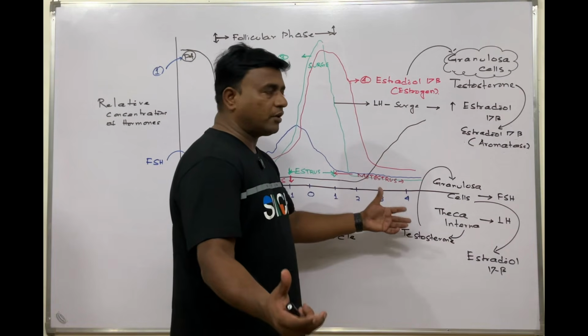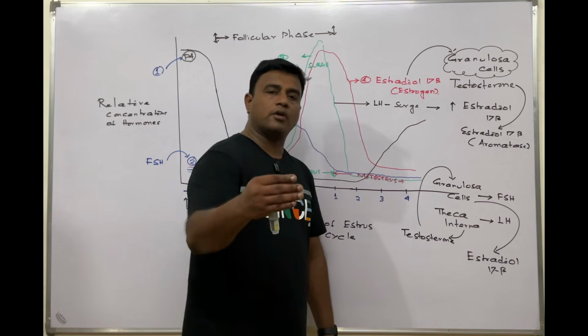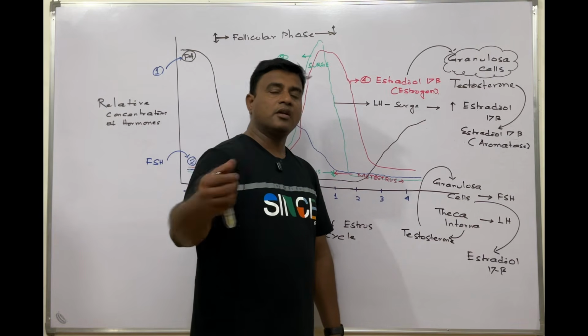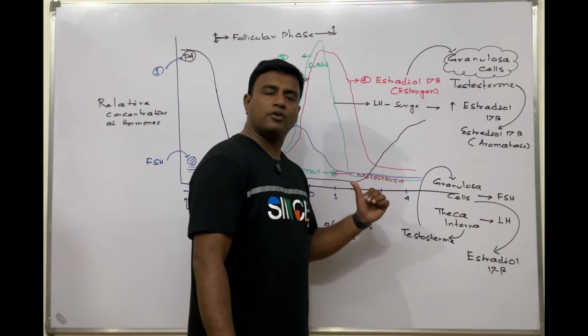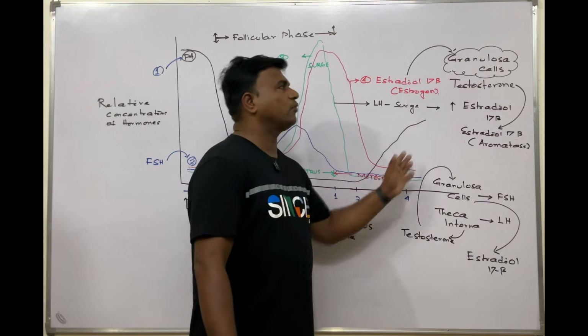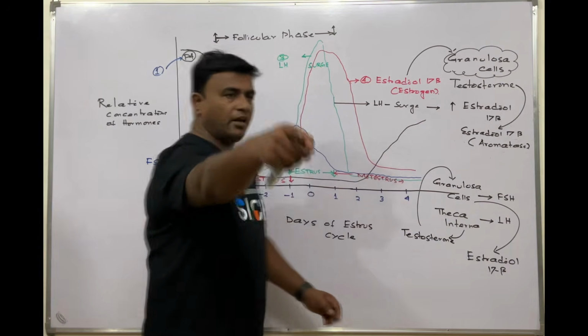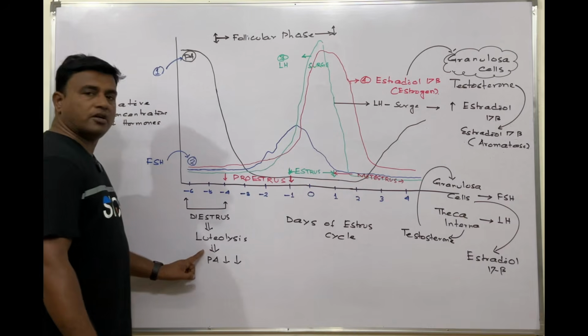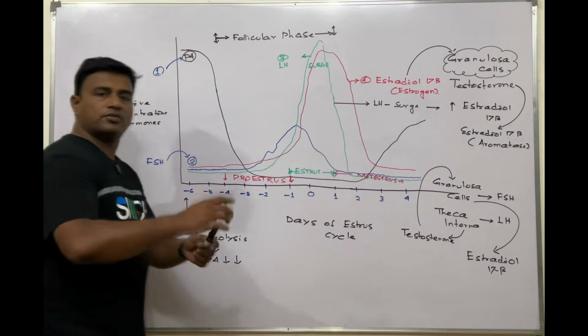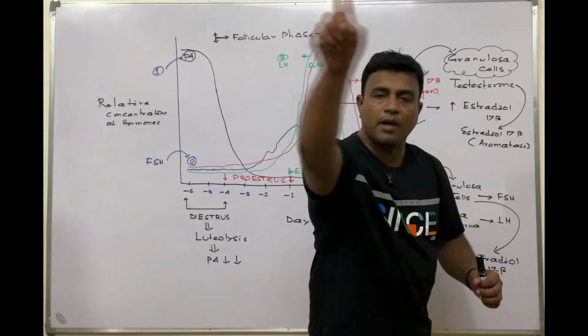So that leads to lower circulating FSH and LH, and after luteolysis the selection, recruitment, dominance process will continue, till they reach the diestrus, where luteolysis occurs, progesterone will fall. So this will go in a cyclic manner.